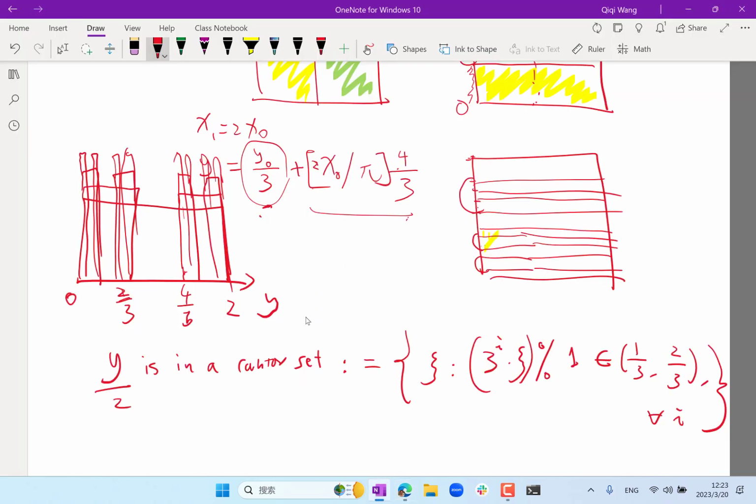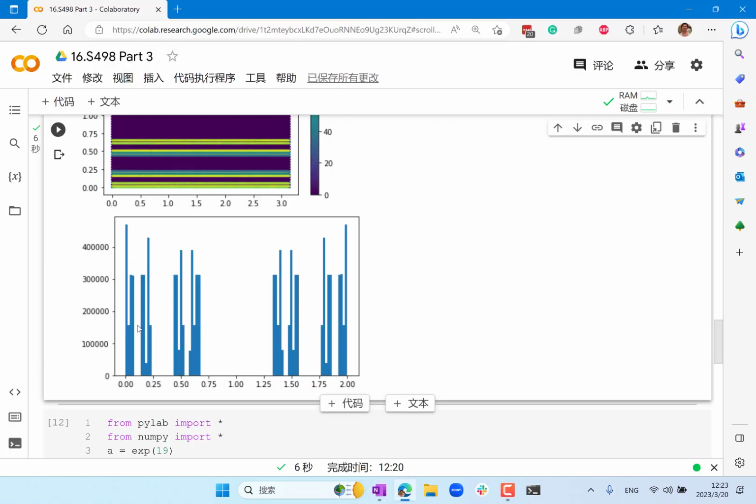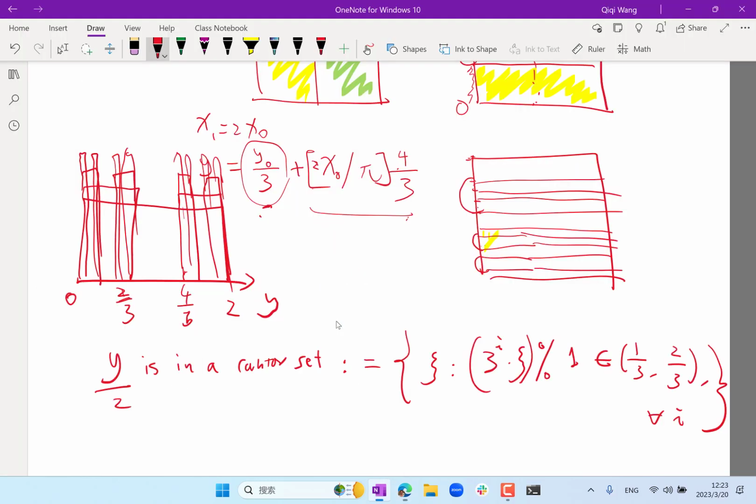And then i is equal to 2 makes additional gaps over here, over here, over here, over here that are not allowed. So essentially for every i, I'm removing 1/3 of the existing length from the previous set.